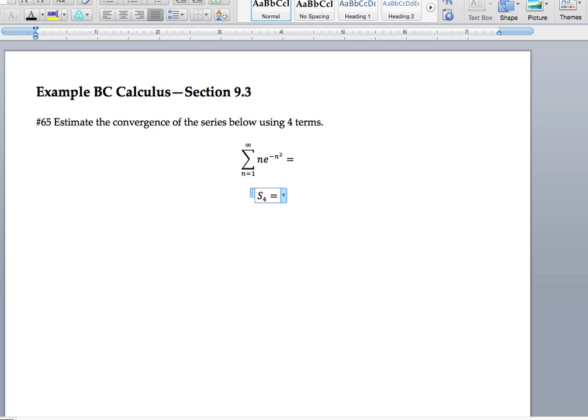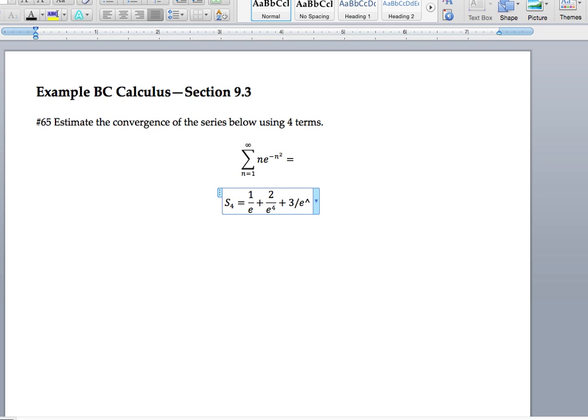So s sub 4 is going to be 1 divided by e for this term, plus 2 divided by e to the 4th power, I think. Right? You can just keep plugging in. I plugged in 1, I got that. Plugged in 2, I got e to the negative 4, that goes on the bottom, 2 over e to the 4th. Get me? Okay. So we're going to keep going in like fashion.